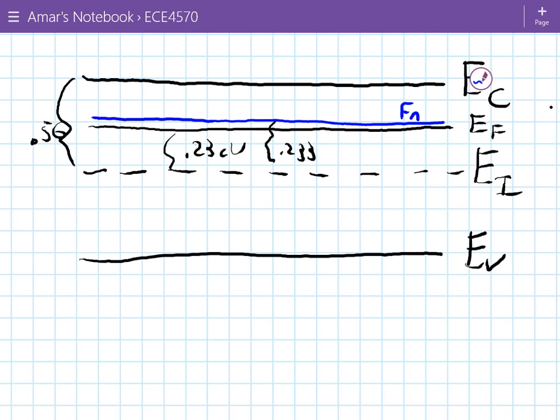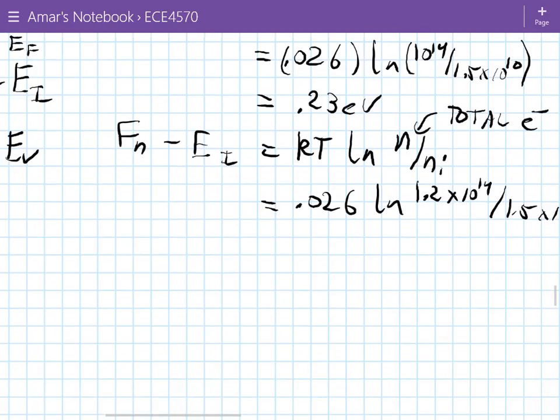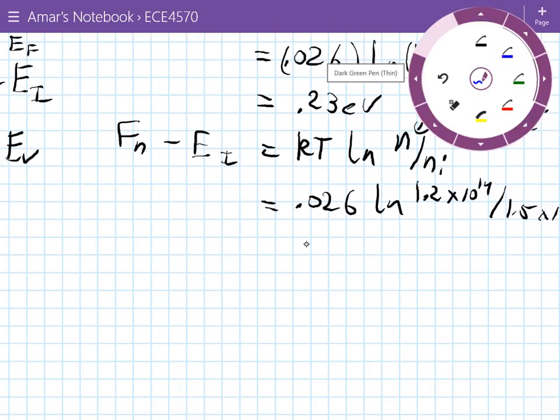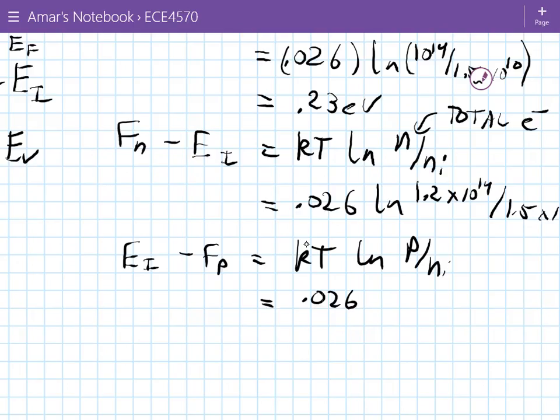Then Fp, we can calculate Fp. So Fp, sorry, the formula is Ei minus Fp equals kT ln of p divided by ni. 0.026 ln.